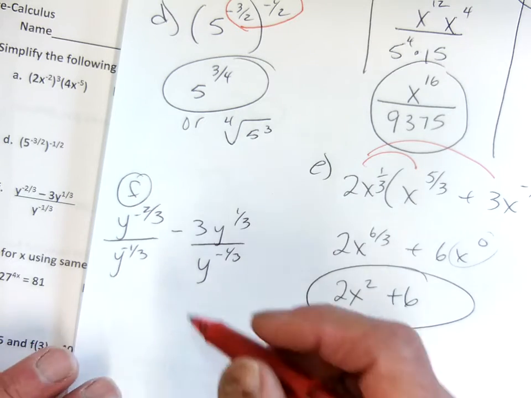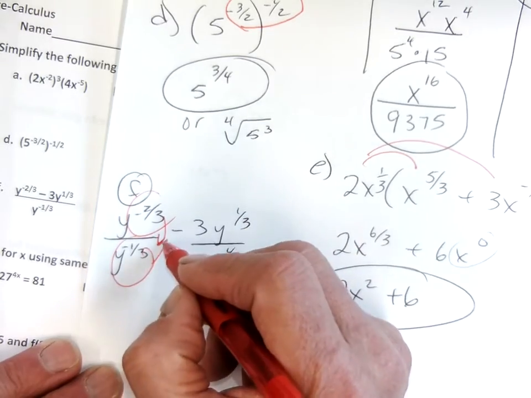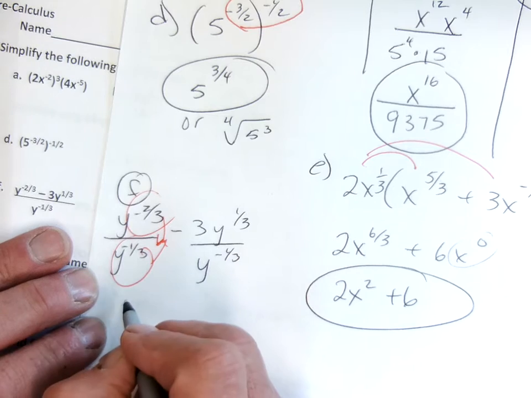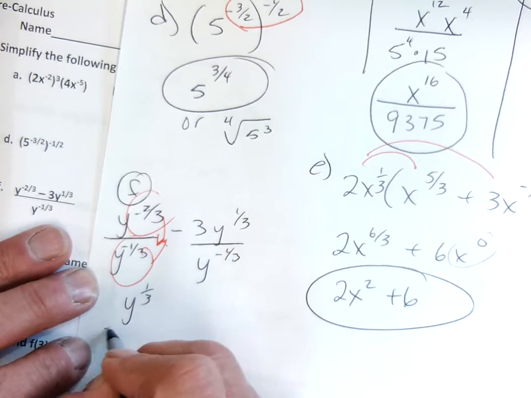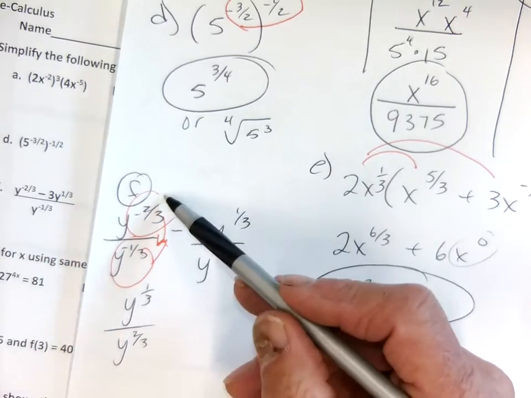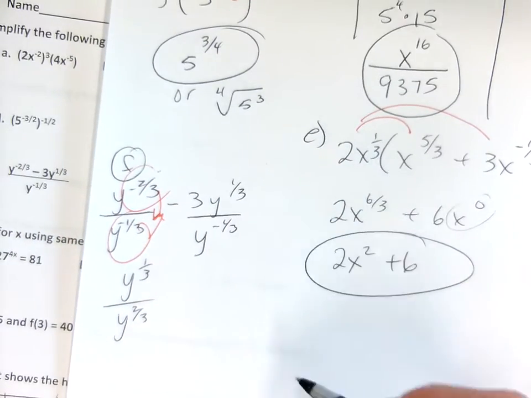Gosh, I want to make this easy for you. So I'm going to bring this one down and this one up. I know how I would do it, I just subtract exponents, but I'm going to have y to the positive 1/3 over y to the positive 2/3. Brought that one up, make it a positive exponent, brought that one down, positive.